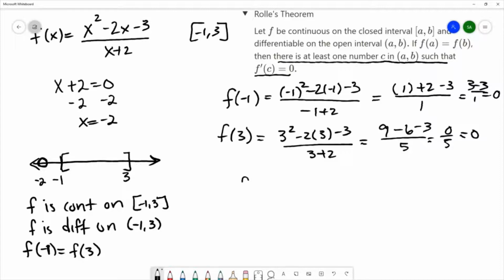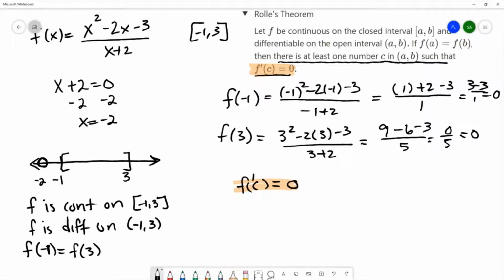So we want to find the value of c that is guaranteed by Rolle's theorem. So we want to find where the derivative is equal to 0. That's what it's asking in the directions of the problem, and that's also what the conclusion of the theorem is.